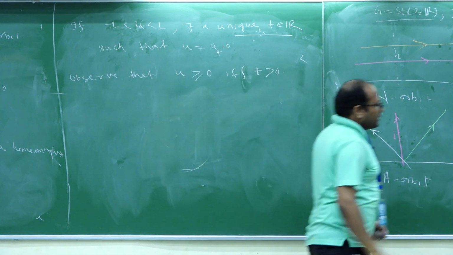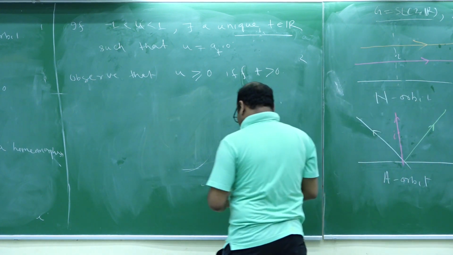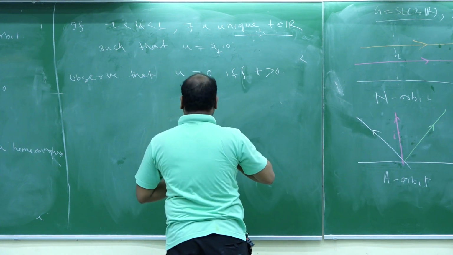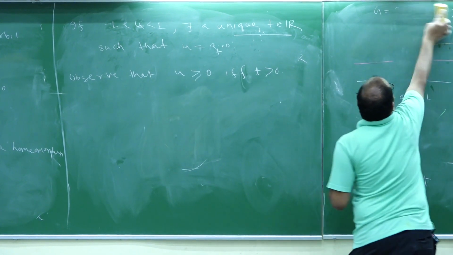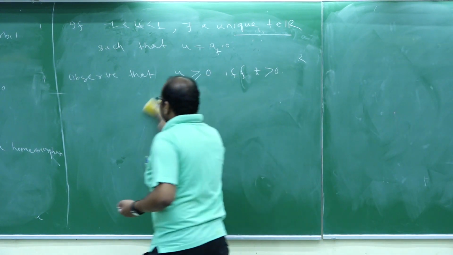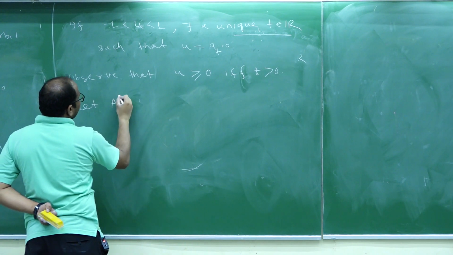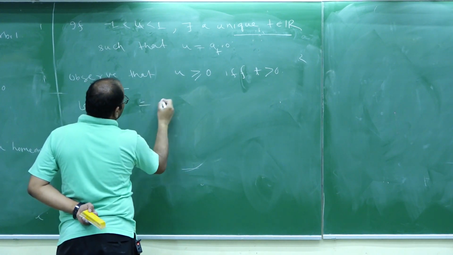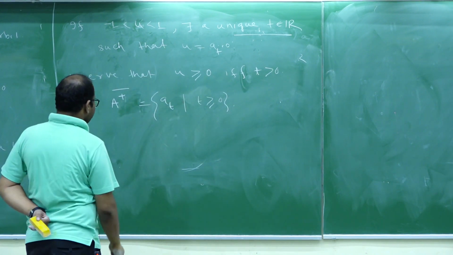Now we want to prove something called G equals K A plus K. Okay, so let A plus be the closure of the collection of all a_t such that t is greater than or equal to 0.